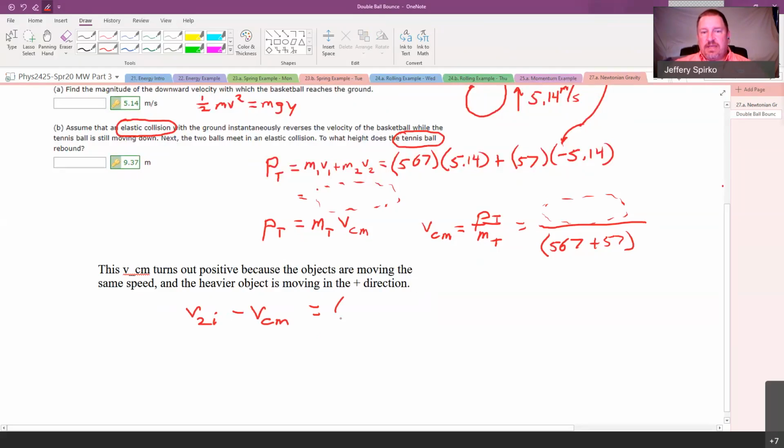So this is going to be our minus 5.14 minus, and I'd like to get a number for that, so let me just type this in real quick. 567 times 5.14 minus 57 times 5.14 divided by 567 plus 57, parentheses in all the right places, and I get 4.20.